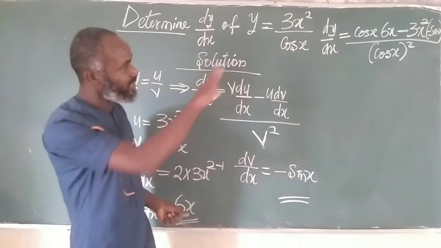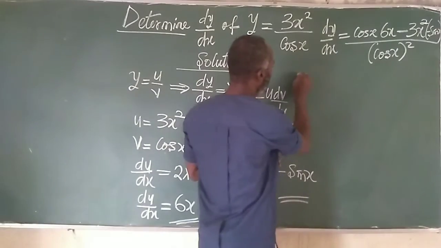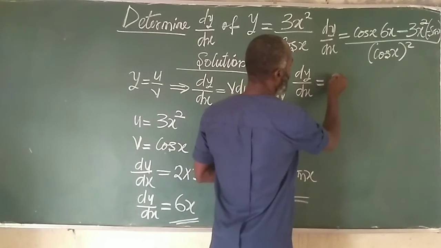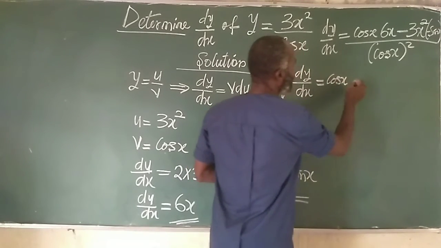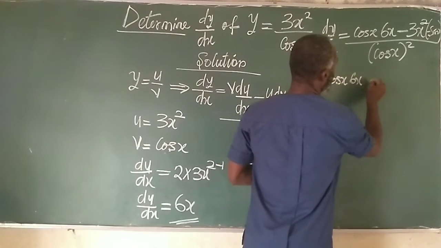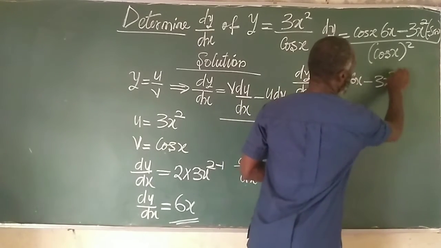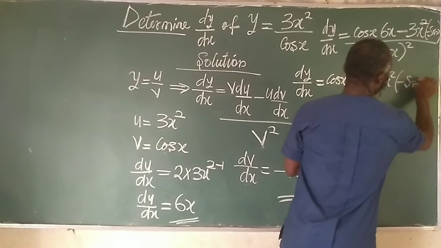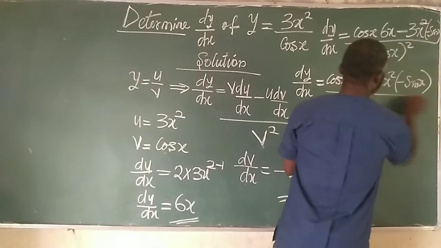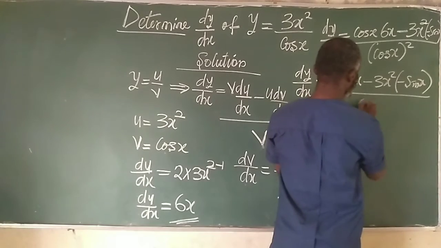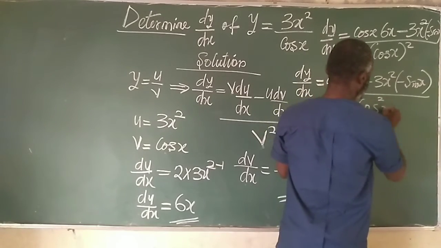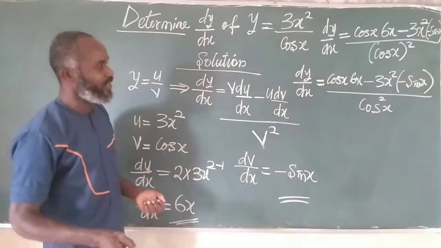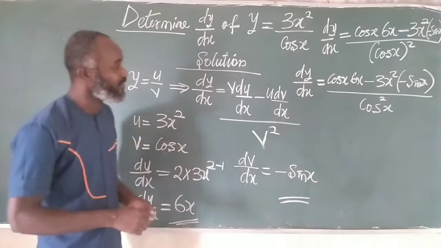It becomes dy/dx is equal to cos x times 6x minus 3x squared, bracket open, minus sine x, bracket close, all over cos squared x. I have simplified everything, but there's one more step we must take note of.